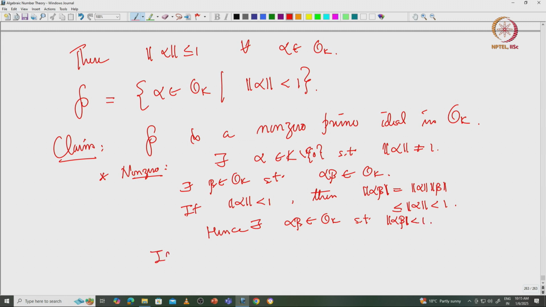On the other hand, if valuation of alpha is strictly bigger than 1, then valuation of alpha inverse is less than 1, and we do the same thing. We use the same argument as above.